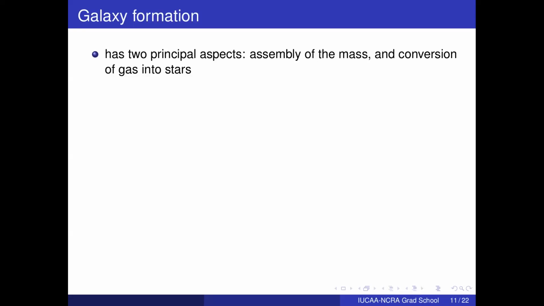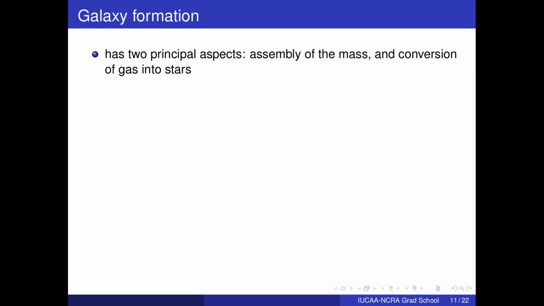When do you say a galaxy has formed? There's no specific event you can specify. So you think of galaxy formation as a process. And since galaxy evolution is also a process, it's very hard to distinguish between galaxy formation and evolution. So when I say galaxy formation, I almost always mean evolution, or the early stages of evolution I call galaxy formation.